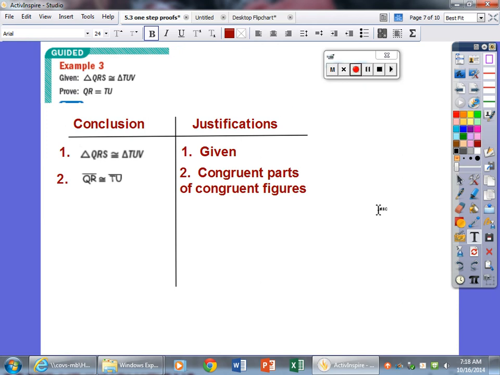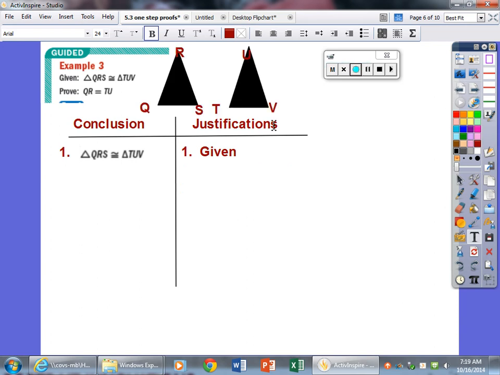Okay, for my second step, I looked at my two triangles and thought, if this triangle is congruent to this triangle, in the last section we learned that Q is congruent to T, R is congruent to U, S is congruent to V, QS, this side, is congruent to TV, this side. And the thing that we want to prove is that QR is congruent to TU.